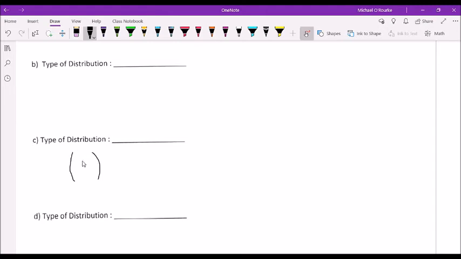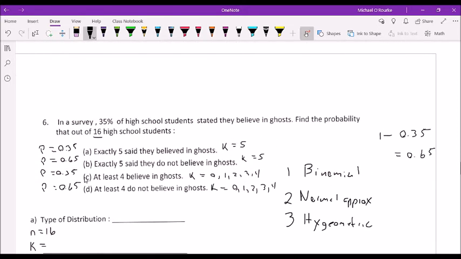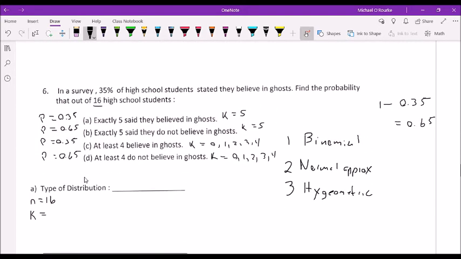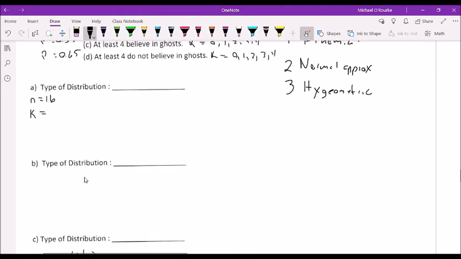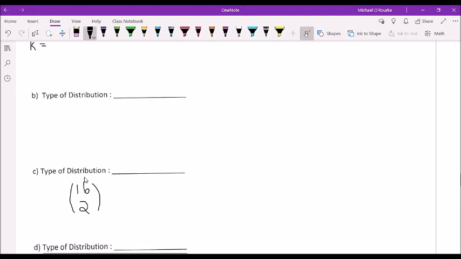Okay. So if we're doing 2, how big's the sample we're taking? 16. How many successes do we want? Oh, at least 4. Right? So we're 0, 1, 2, 3, 4, right? But you're going to do number 2. Does that make sense?